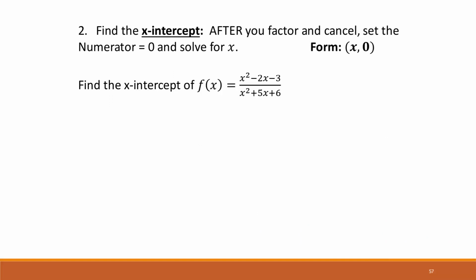All right, so find the x-intercepts: after you factor and cancel, set the numerator equal to 0 and solve for x. So we can do this by first factoring and canceling. We just factored the denominator in part 1, and we know that factored to x plus 2 times x plus 3. Now we need to factor the numerator.